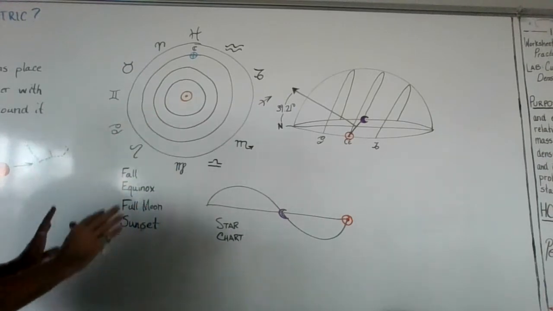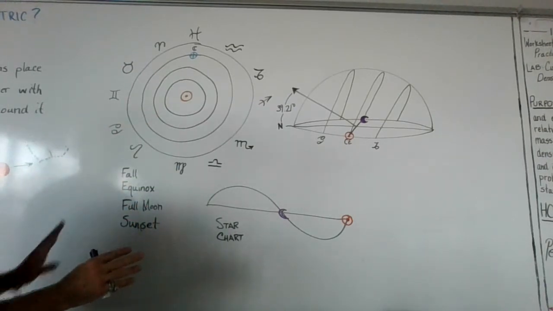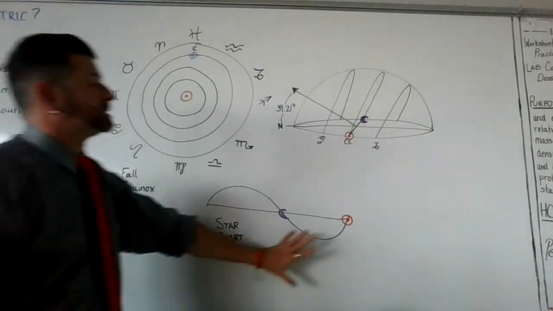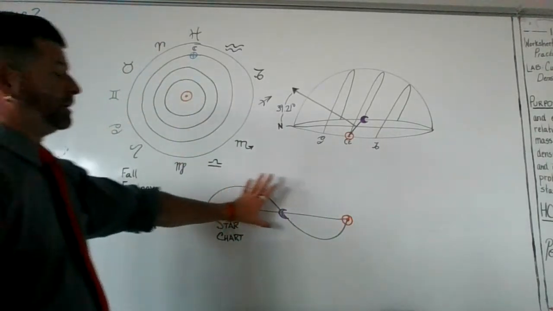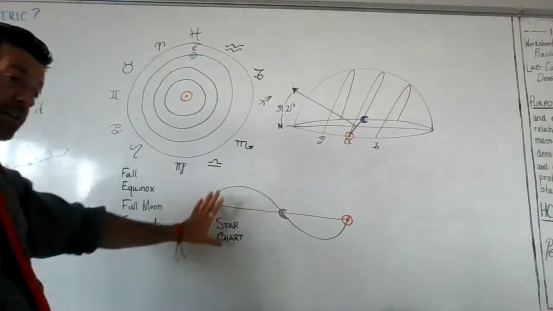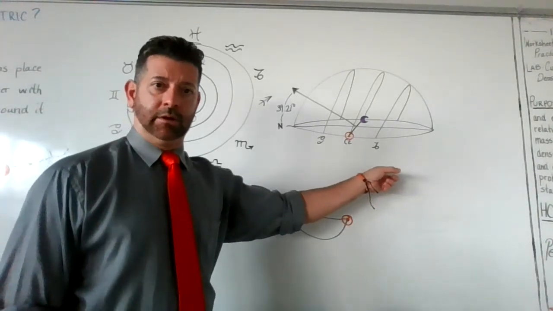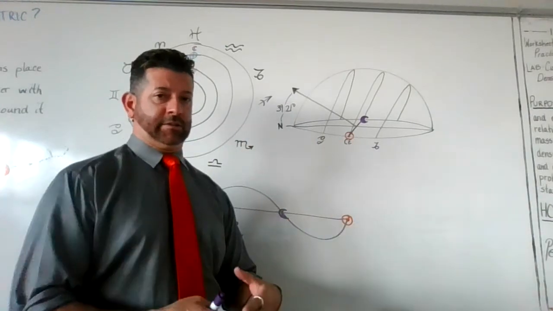Same information, completely different uses. This tells us where our position is in the solar system. This tells us how we can map it on the night sky across the ecliptic for the whole year. This tells us where we can find it in our own backyard. That's how we start connecting these things.